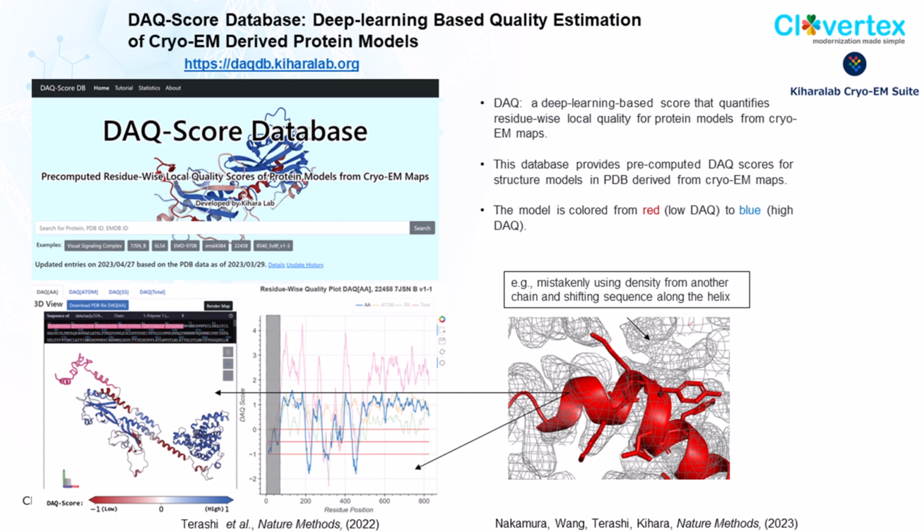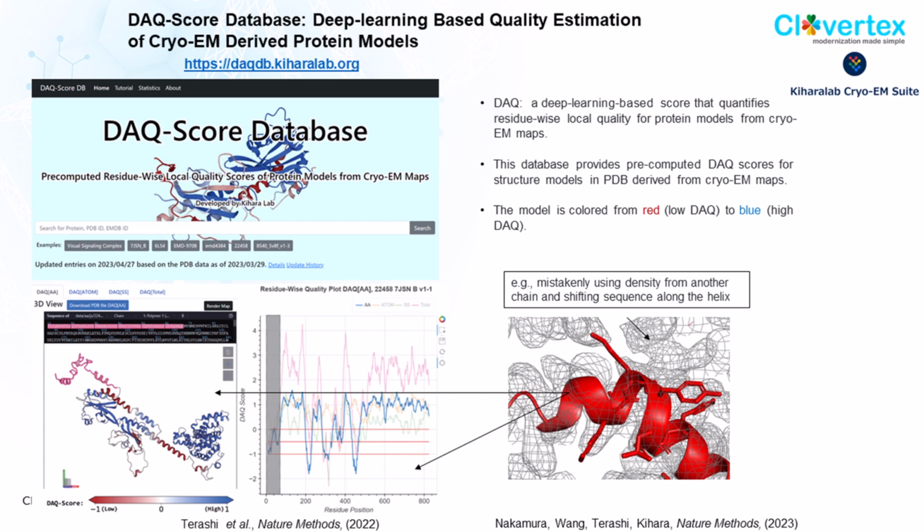DAQ checks the local density pattern of a protein model you are developing in the pipeline, and then checks if the local density pattern learned from the known cryo-EM maps from EMDB agrees well with the residue position, each residue of the model, or not.